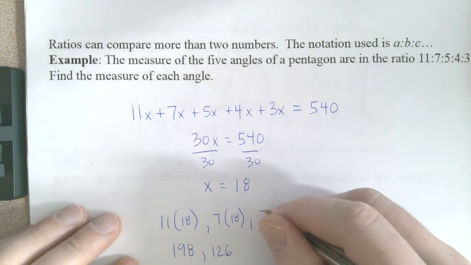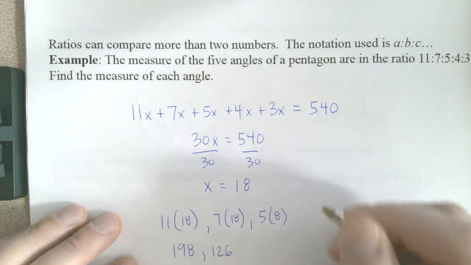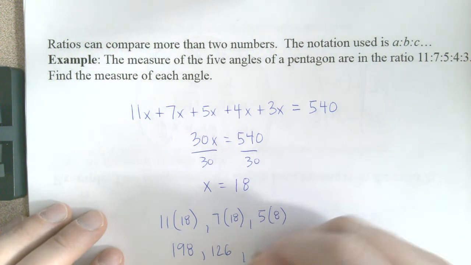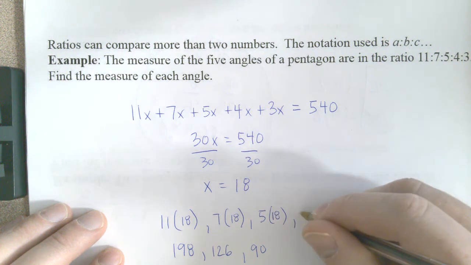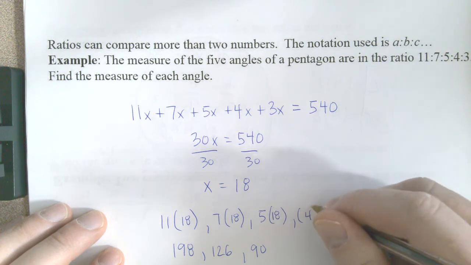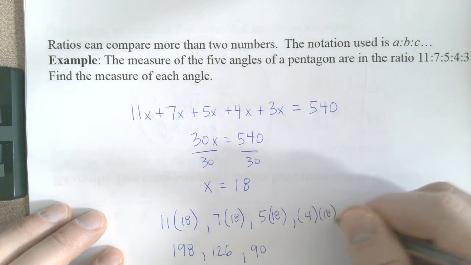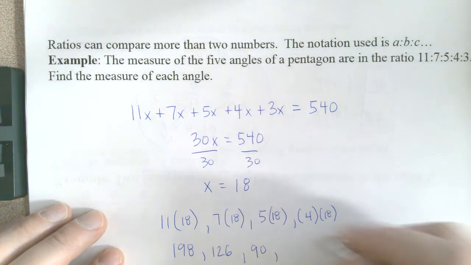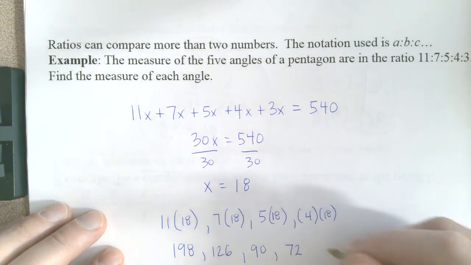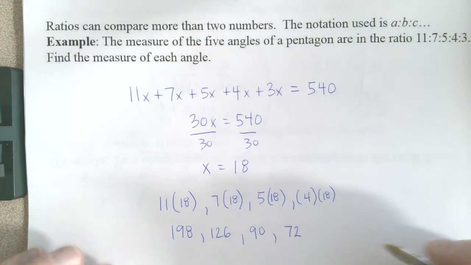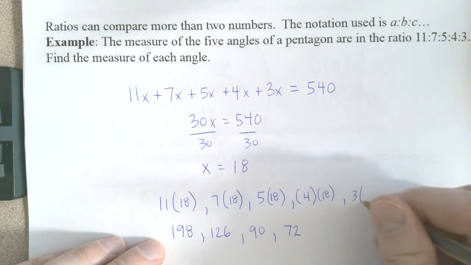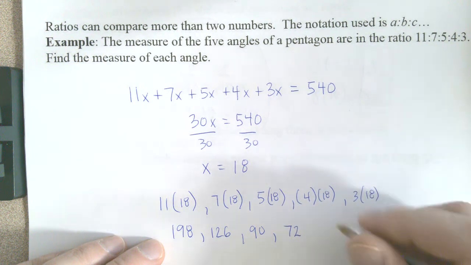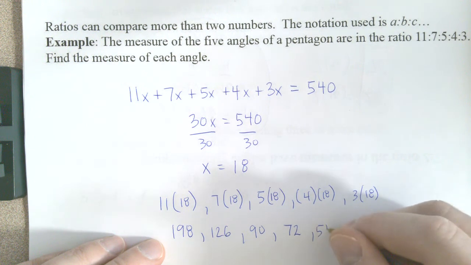And then 5 times 18, and that would have gotten you 90, and then 4 times 18, and that would have gotten you 72, and then 3 times 18, and that should have gotten you 54.